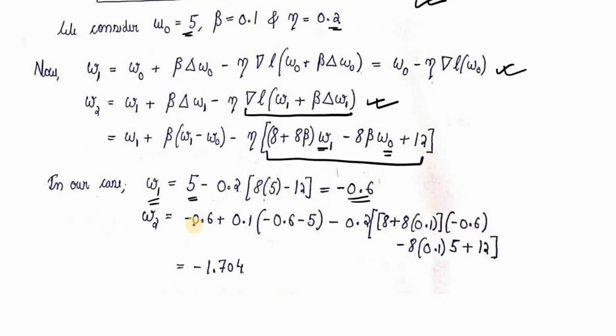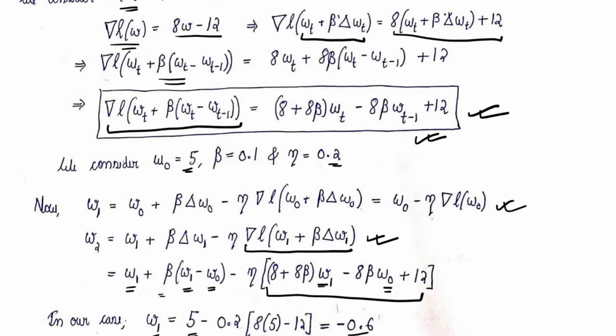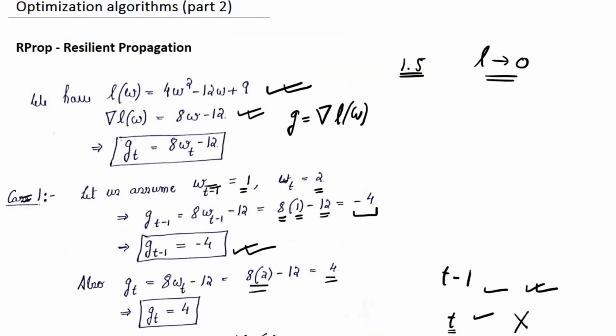So W1 we know, W0 we know, beta we assume. This entire term was determined with the help of the gradient which we calculated over here, and then we substituted the values of W1 and W0, and eventually we got the value of W2 as this. I calculated just 2 iterations. It could be extended to more than 2 iterations, and the result could be generalized.